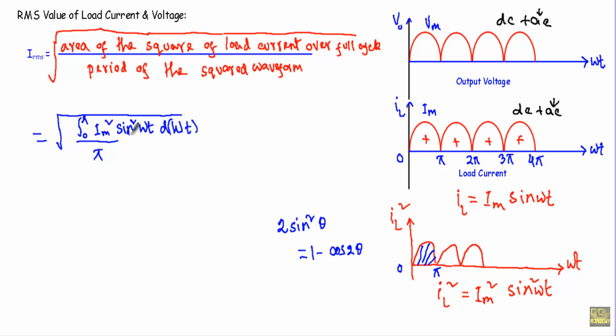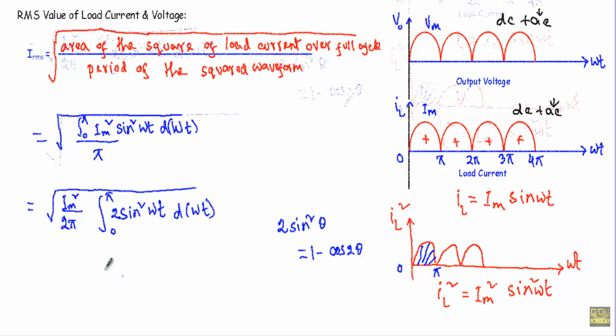Now to get 2 sin square omega t here, at first I have to take a half outside of the integration sign and multiply this with 2. So I will get root over 1 by 2 pi, Im square, integration of 0 to pi, 2 sin square omega t with respect to d omega t.